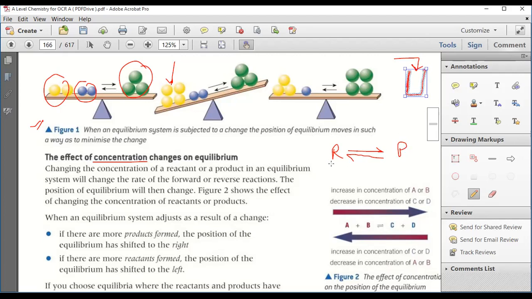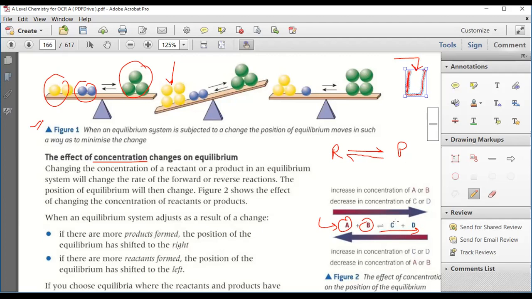So suppose the reaction is going on. Suppose there's a reaction A plus B is equal to C plus D. Now, if I increase the concentration of A and B, then what will happen? If I add some more A and B from the outside, this reaction will move towards this direction, so that the concentration of C and D will increase.